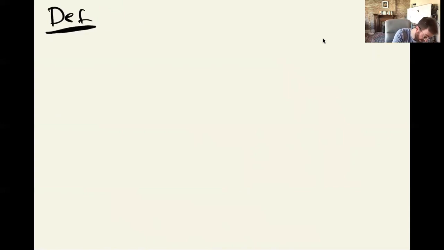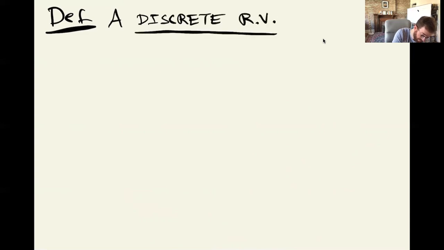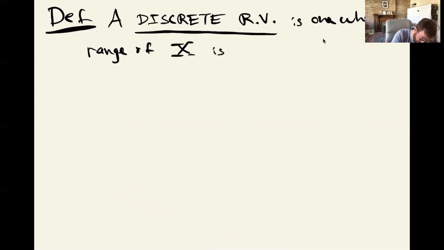I'm going to say that a discrete random variable is one where the set of possible values, so where the range of X, is either finite or more generally countable.